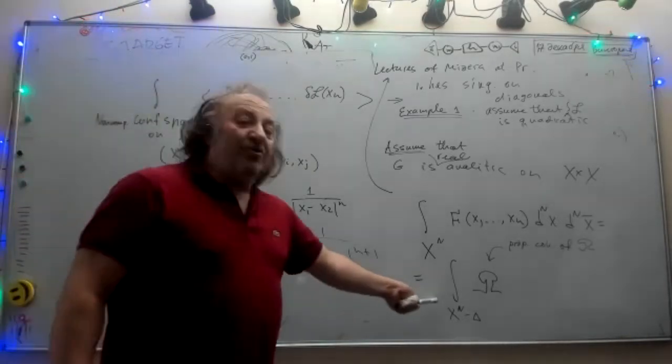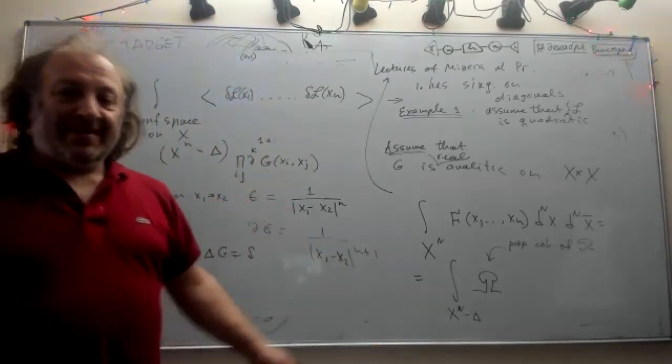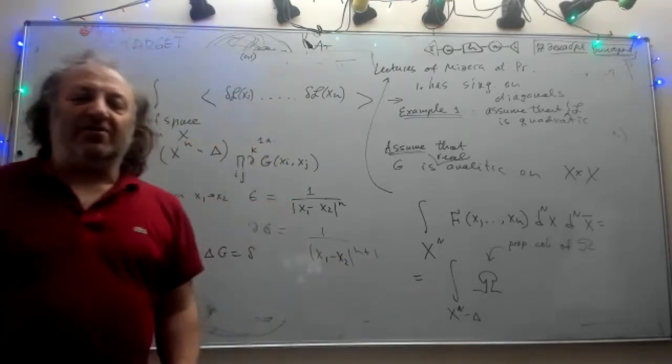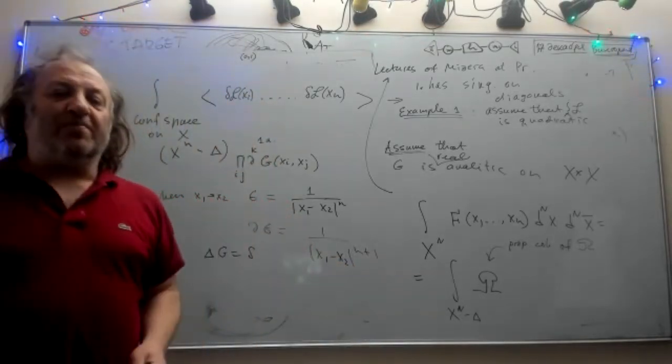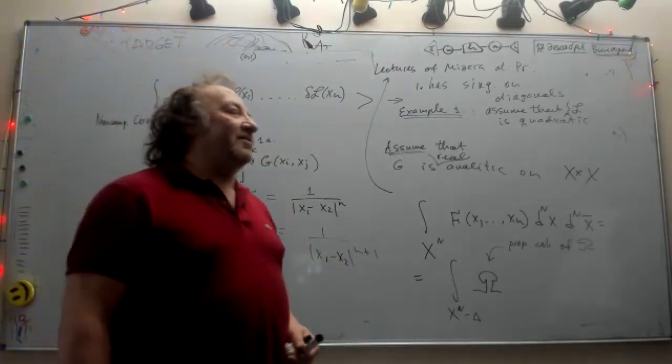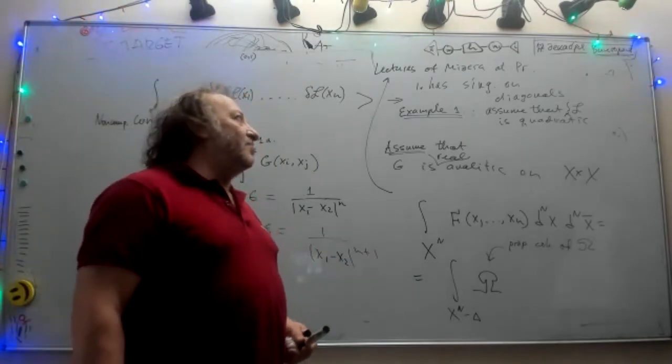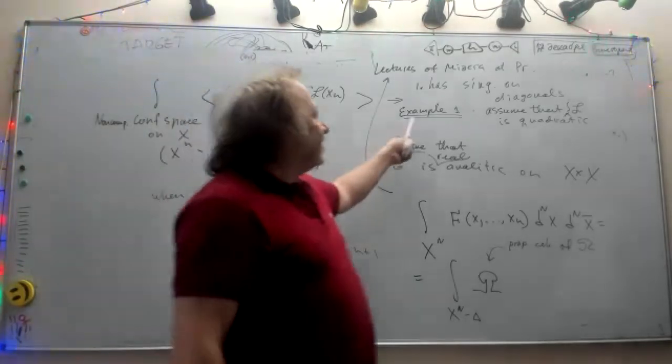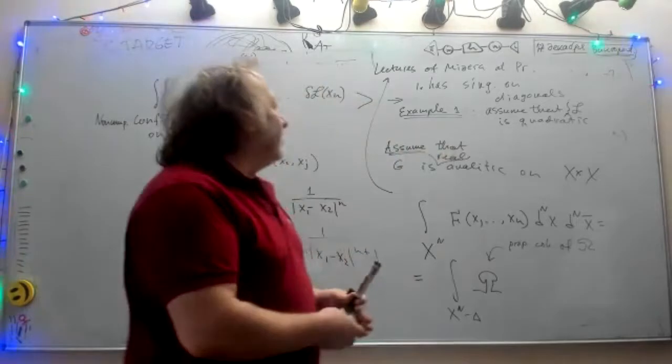So this is the fundamental problem, the problem of divergences in quantum field theory. But it also appears in type B models. Okay, I said it was example 1.